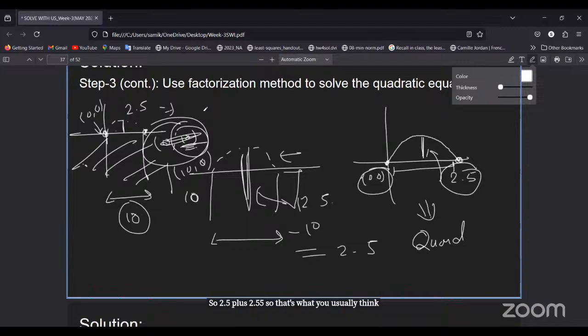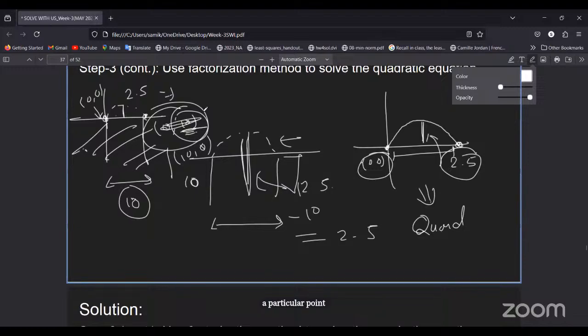But as this is a quadratic equation, it is not a right angle triangle, which is different for a quadratic. So we are supposed to find the slope at a particular point. So tan theta they mentioned, that is the slope of this point.